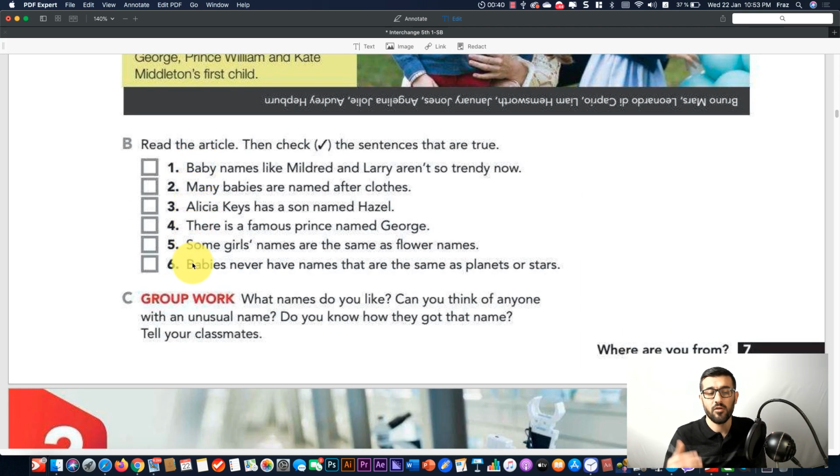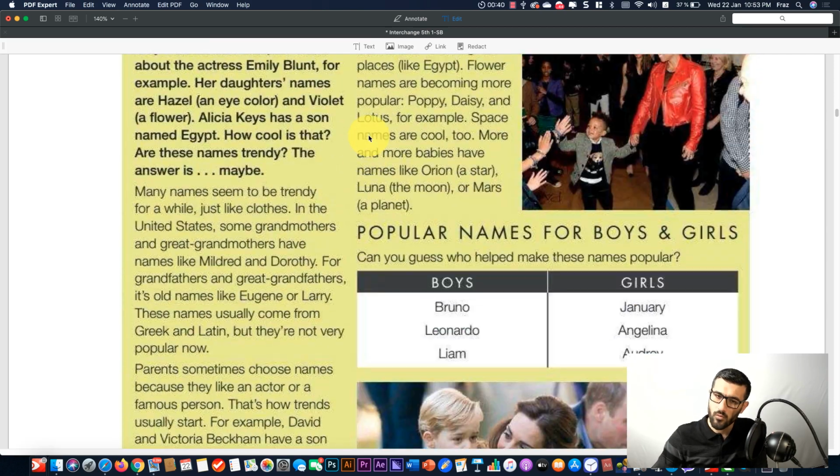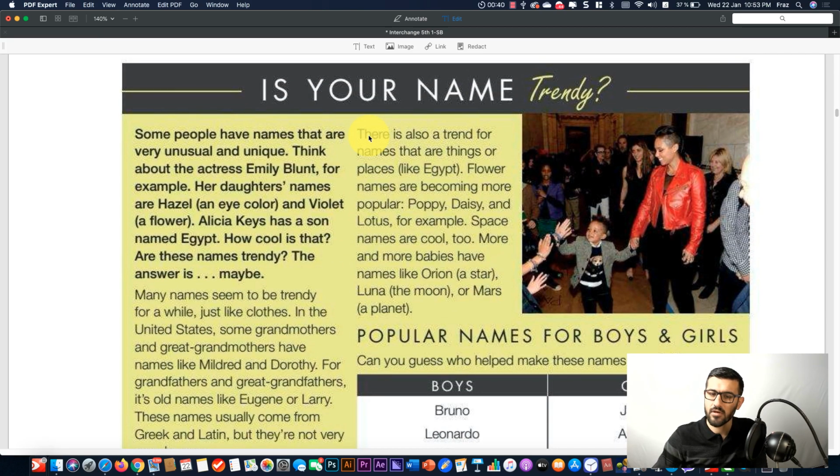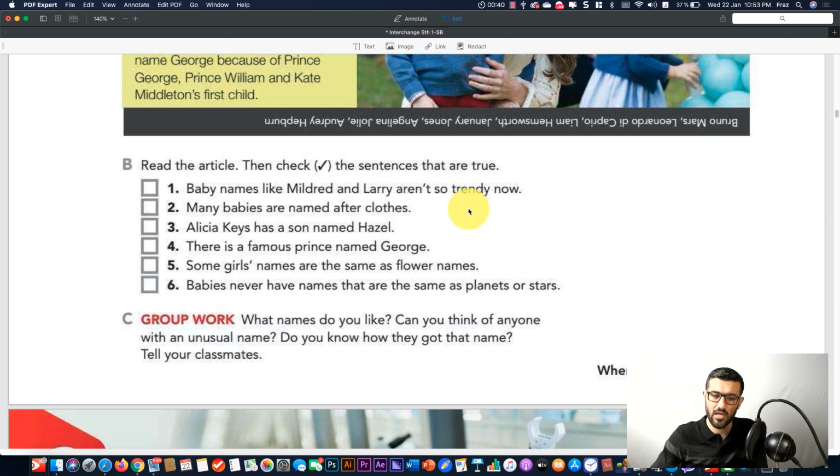Okay. Now number 5. Some girls' names are the same as flower names. We also said that we have these names which are the names of flowers. That means this statement is also true. Okay, you can tick it. Number 6, the last one.